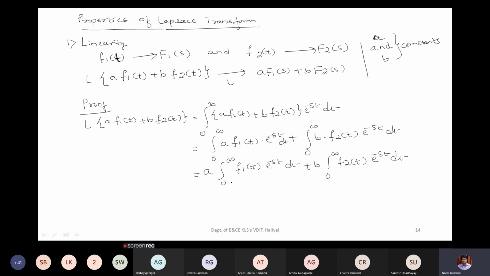This looks like the definition of the Laplace transform, right? This one and this one. So hence what you can write here is a into f1 of s plus b into f2 of s.